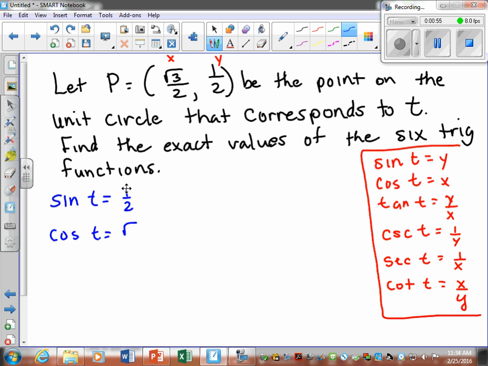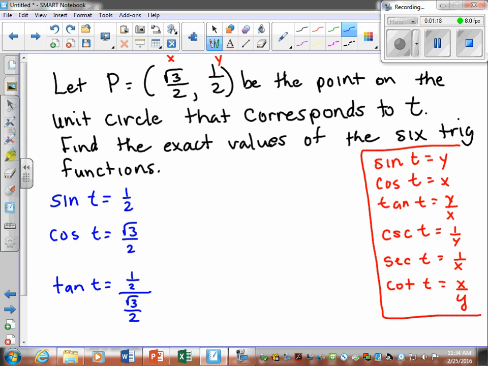Square root of 3 over 2. Because the cosine of t is equal to the x value, and our x value is the square root of 3 over 2. Now, tangent of t is going to be the y over the x, so it's 1/2 divided by square root of 3 over 2.